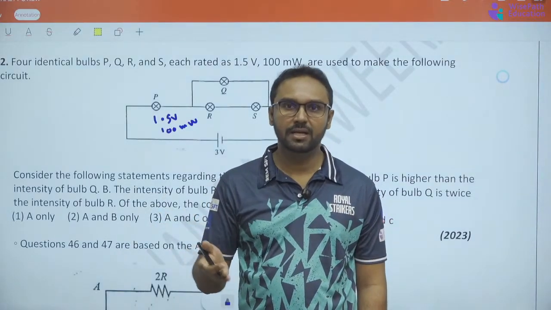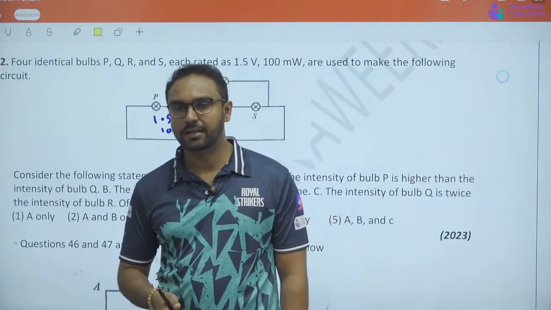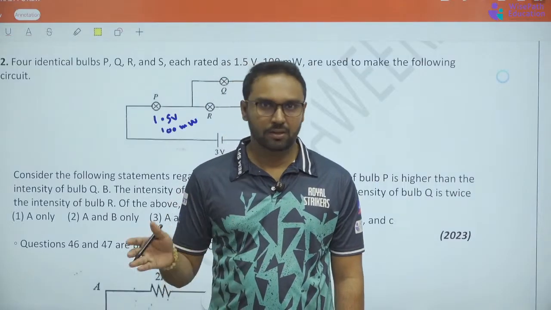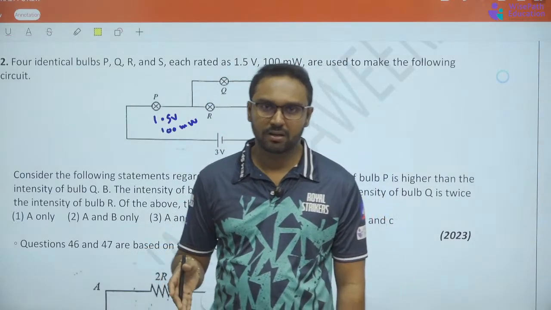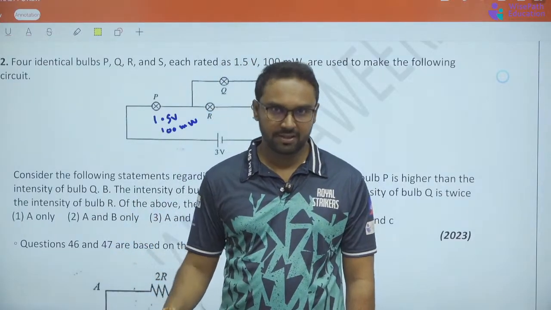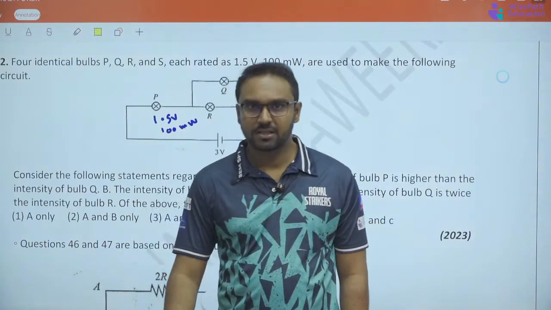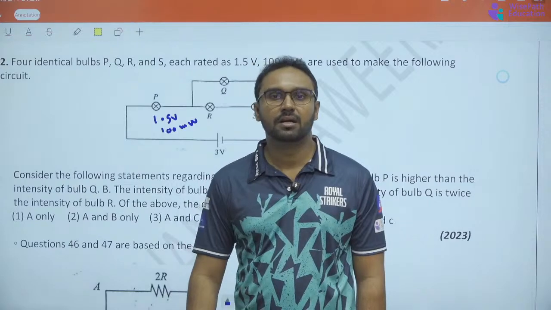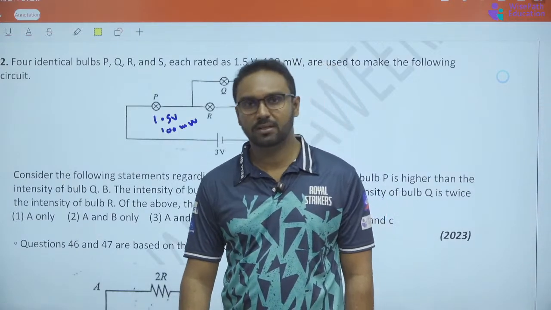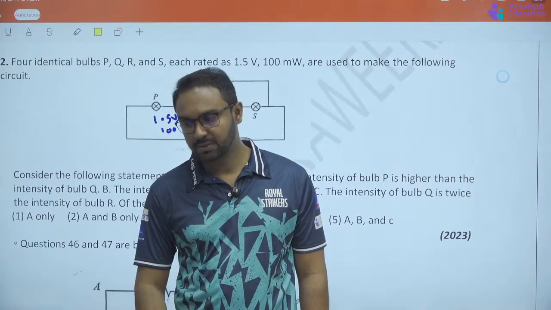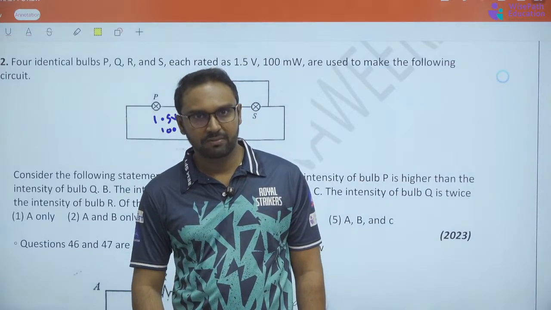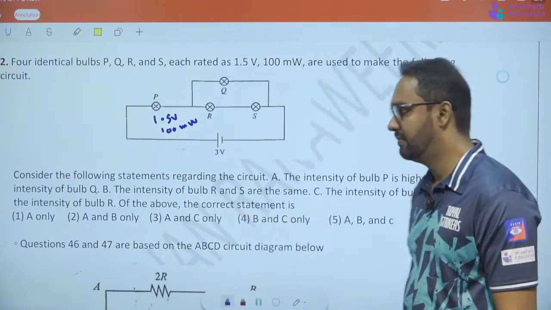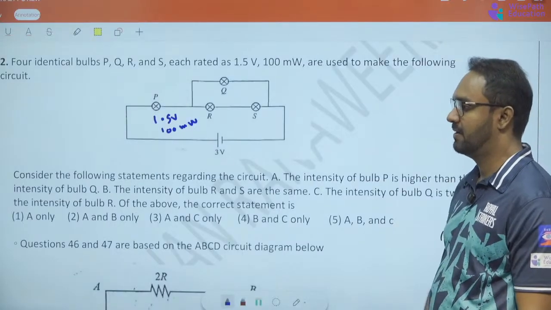If there's no other option, you can go into other equations like V squared over R, I squared R. But the best equation to compare the intensities of two bulbs is VI, because VI is the base formula and the other two formulas are derived formulas. So when it comes to the intensity of a bulb, if you have the opportunity to compare VI, do that, rather than V squared over R or I squared R.